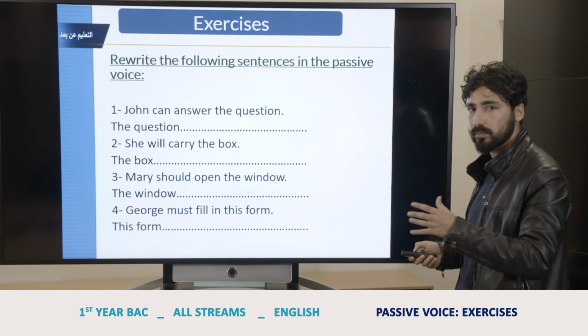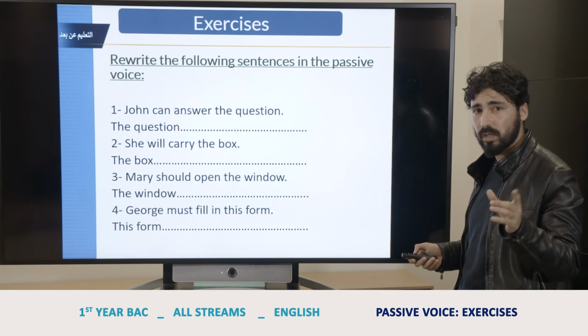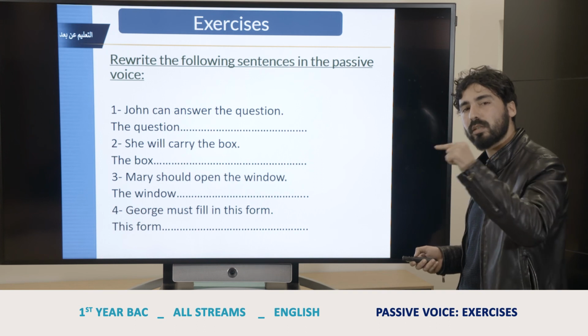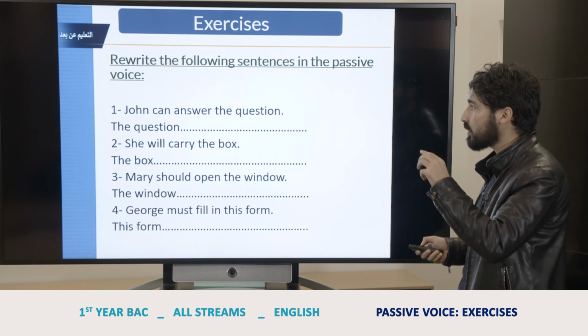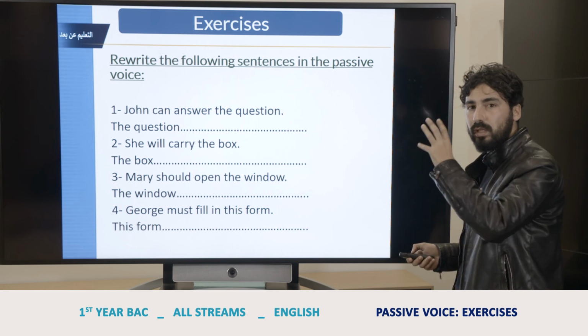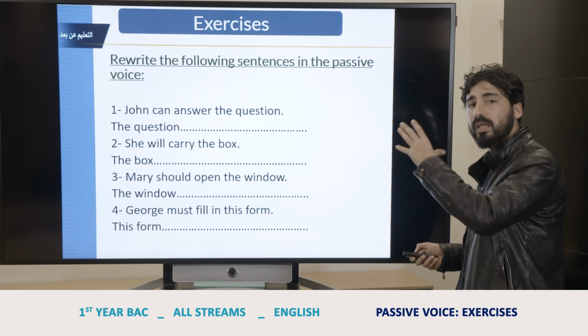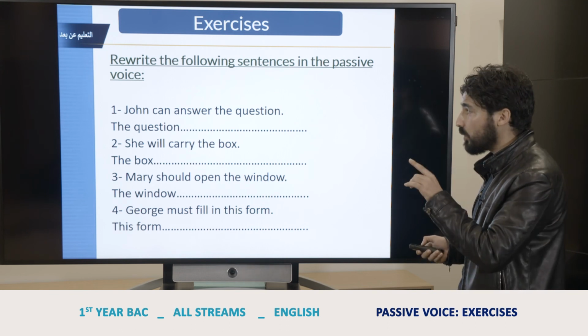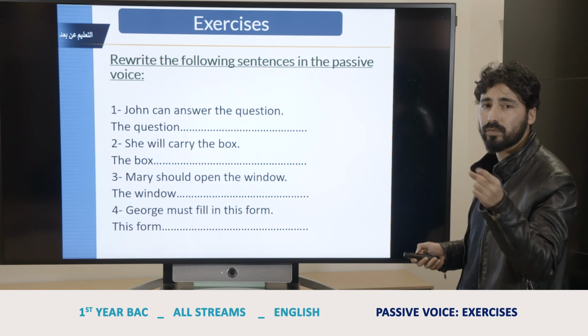The question is the object plus the verb to be, in the same form as the active voice verb. So we have can plus answer in the infinitive. Can, modal verb, plus answer in the infinitive. It's not conjugated. So it's the same thing that will happen for the verb to be.